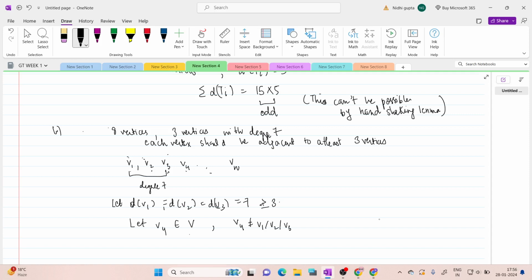Now the degree of each vertex is 7. Therefore we have that v4v1, v4v2 and v4v3 should be edges in G.